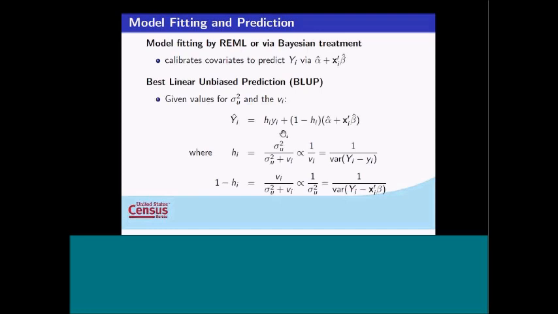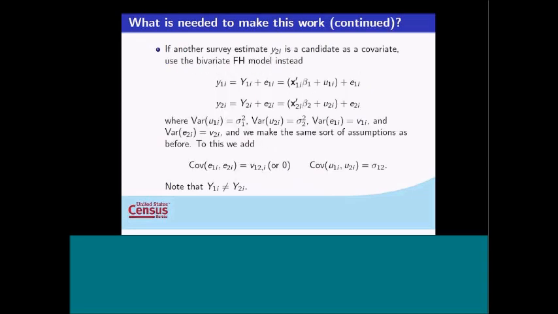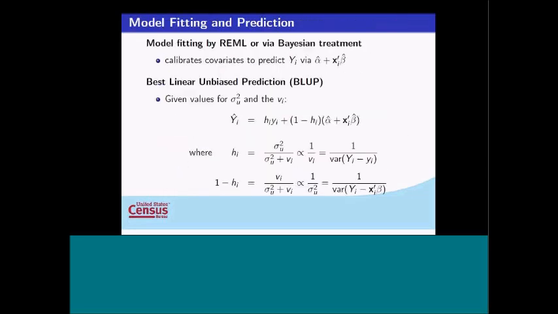And here are the formulas for the weights, and it's maybe not immediately obvious that these turn out to be inversely proportional to the respective variances, the sampling variance on the one hand and the model error variance on the other. So, for example, when the sampling variance gets really high, because the sample is very small for an area, the weight on the direct survey estimate goes down, and almost all the weight is put on the regression fit.